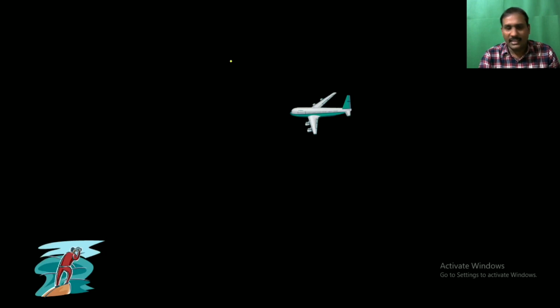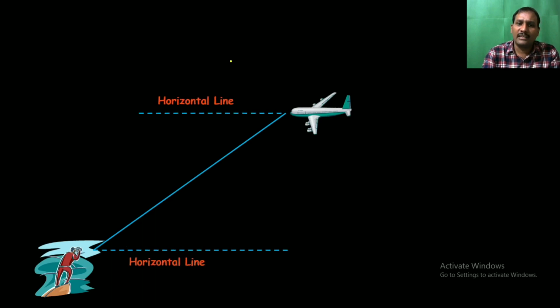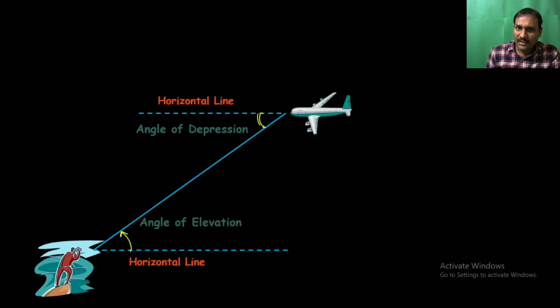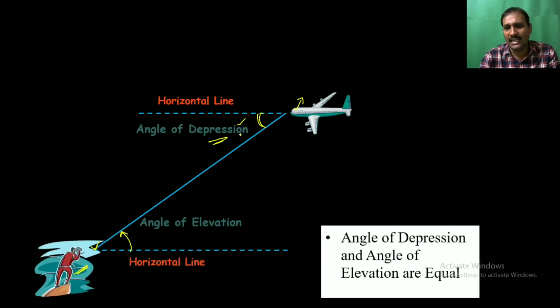Here is another case. An observer is observing the aeroplane. Then this is the angle of elevation. And if the person in the aeroplane observes the person on the ground, then the angle of depression is formed. We know that both the angles are equal.